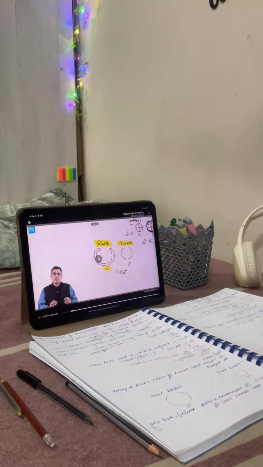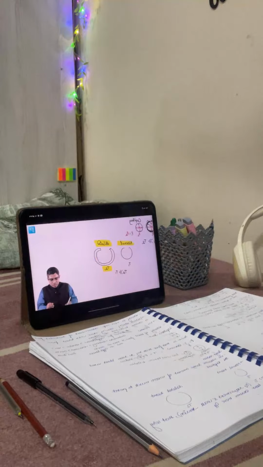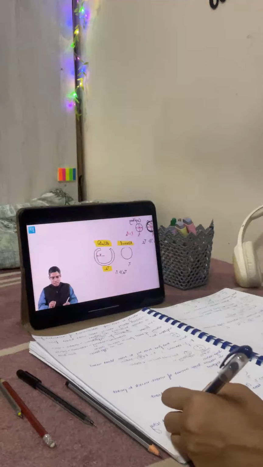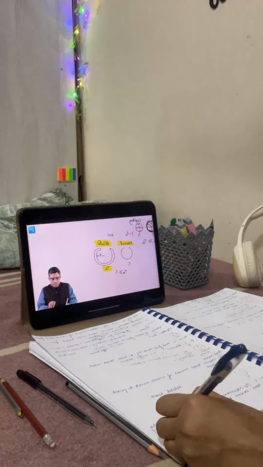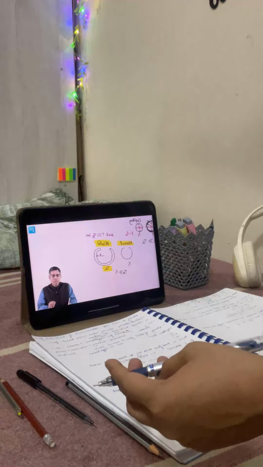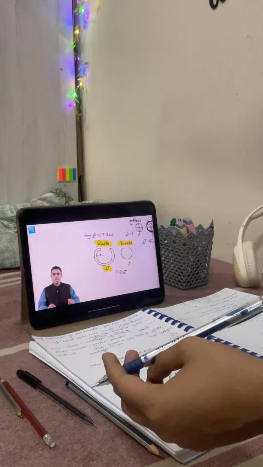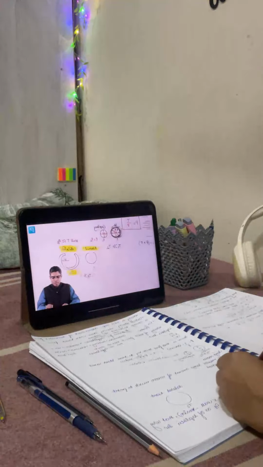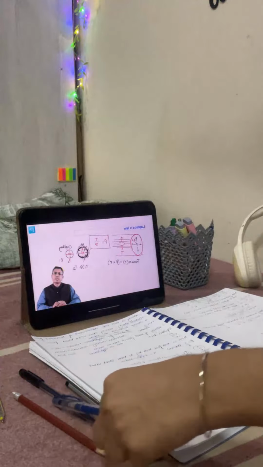The wall tension is more in a dilated heart because Laplace's law says that luminal pressure multiplied by R is equal to the wall tension, and wall tension is directly proportional to the oxygen consumption of the muscle. That's why the dilated heart consumes more oxygen. That is also explained with the help of Laplace's law.